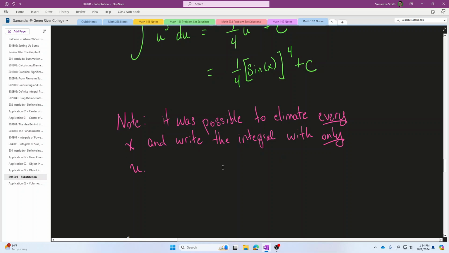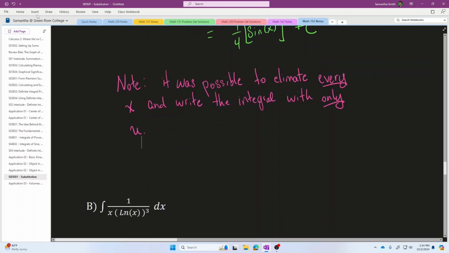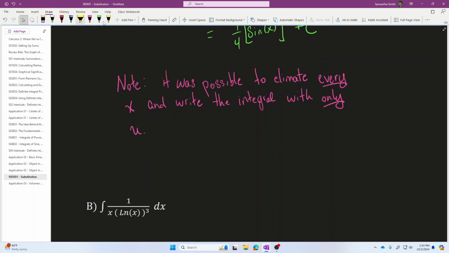If this doesn't happen, if it is not possible to rewrite the entire integral in terms of only u's, no x's remaining at all, if this is not possible, the method of substitution will not work.